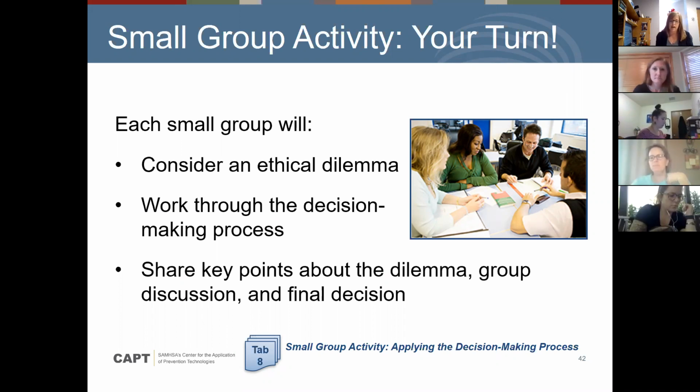So if you could take out your handout of section 8, it says small group activity, applying the decision-making process, and we're going to do the JADA scenario. So if you could find that. Is this sounding okay to you, Michelle? Okay.